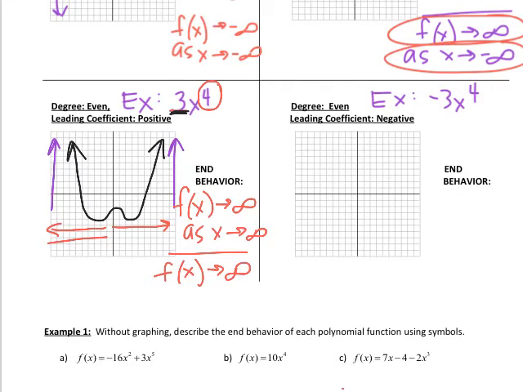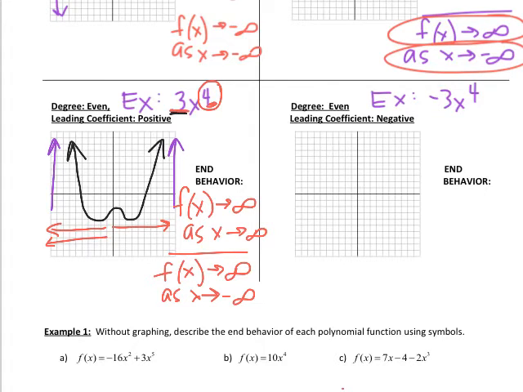All right, and some of you with a photographic memory will probably just remember the graph itself and be able to think about, okay, well, when x gets bigger, the graph goes up. When x gets smaller, the graph goes up. When I have an even degree function and a positive coefficient.